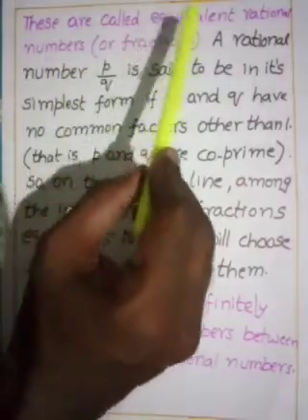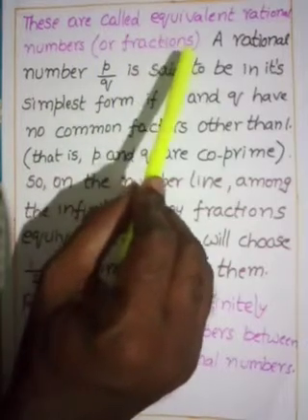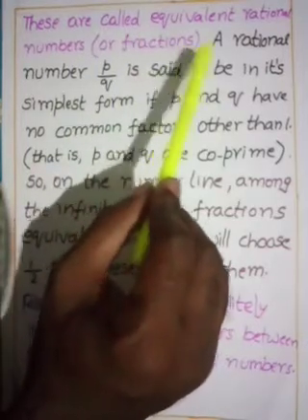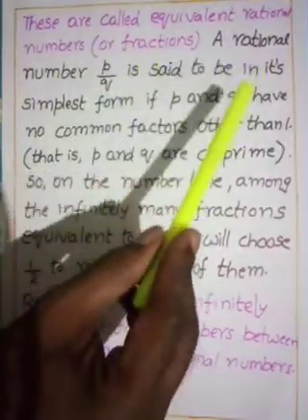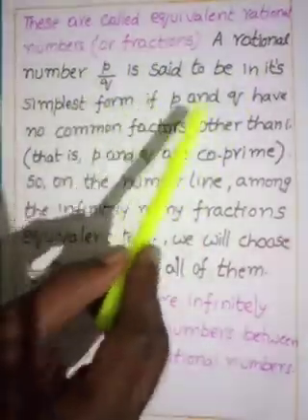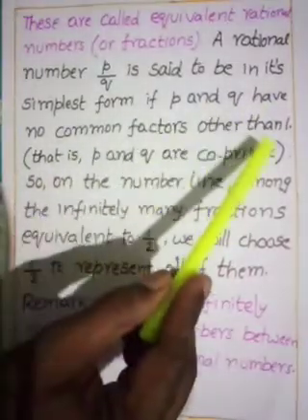These are all called equivalent rational numbers or fractions. Understood, my children? A rational number p by q is said to be in its simplest form if p and q have no common factors other than 1.